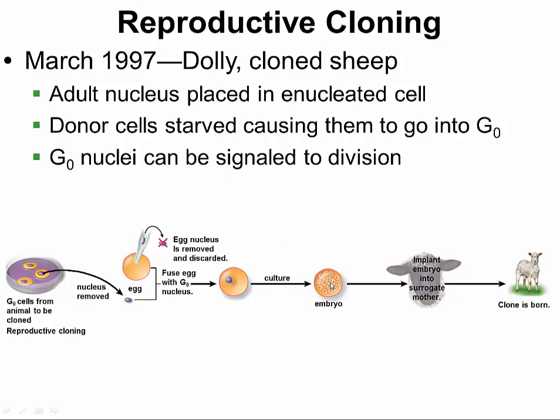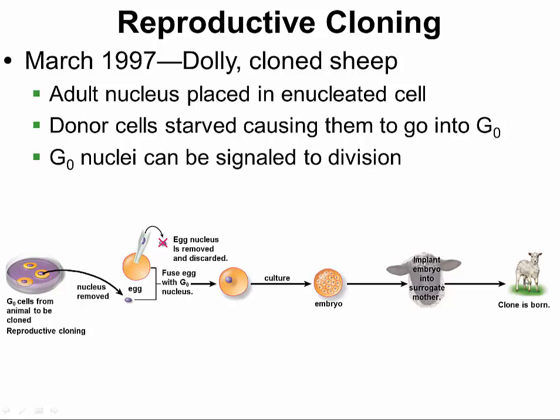And so at this point, the process is pretty easy. We take this embryo, we implant it into yet another unrelated sheep, a surrogate mother. It grows to full term, and then the clone is born. So we had 3 sheep involved in this process. We had the cell donor, we had the egg donor, and we had the surrogate mother.